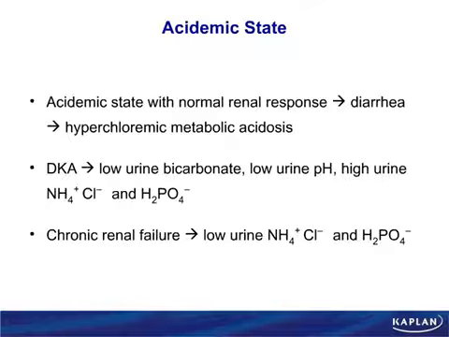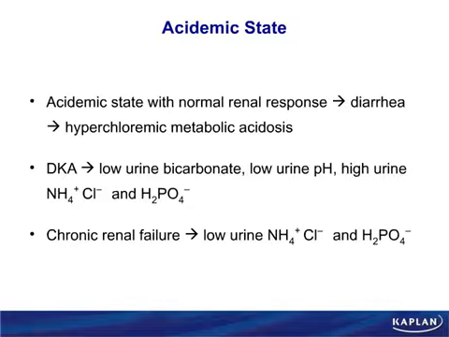So in these two situations, you would expect to see a low urine bicarbonate because the kidneys should be reabsorbing bicarbonate. You expect a low urine pH. You expect a high urine ammonium and a high urine phosphate because the kidneys should be excreting acid.